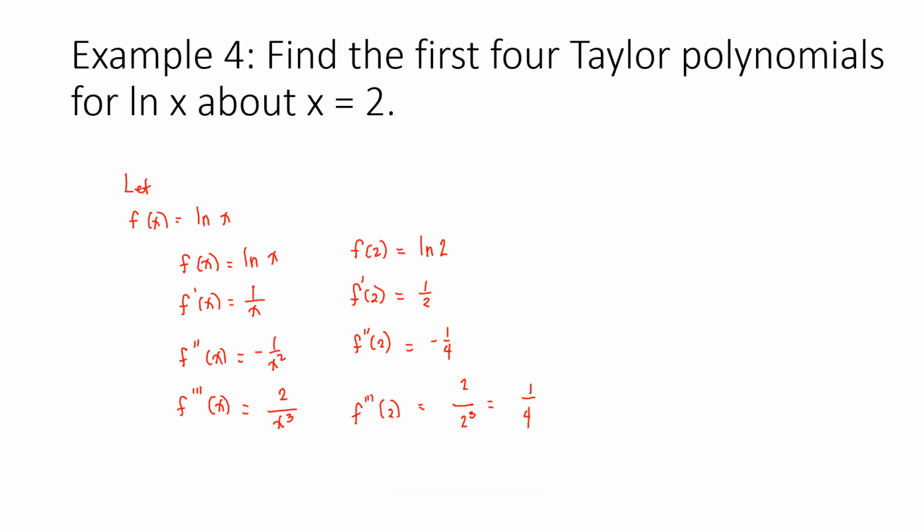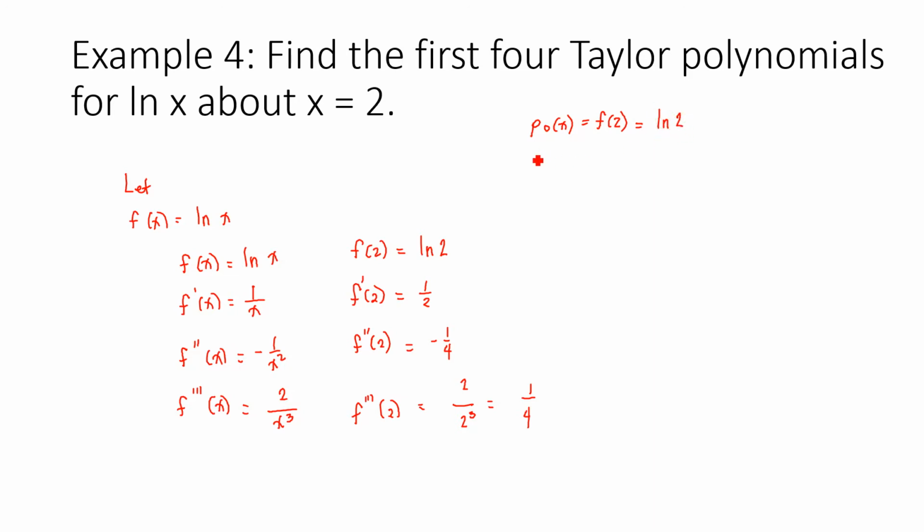So in this case, you have our p sub 0 of x, our polynomial, would be equal to f of 2, which is equal to the natural logarithm of 2.